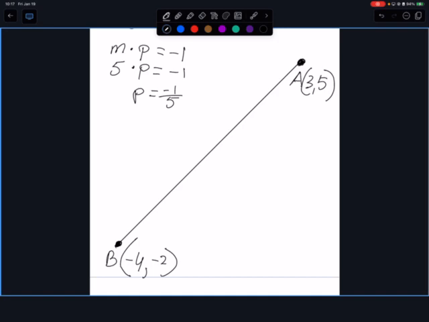The distance from -4 to 3 is what? 7. And then you divide by 2, which equals 3.5. That's all.